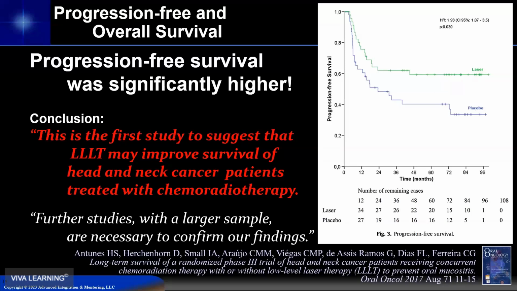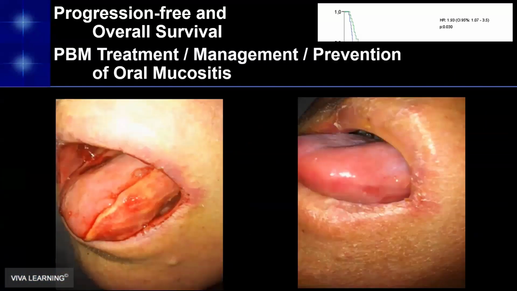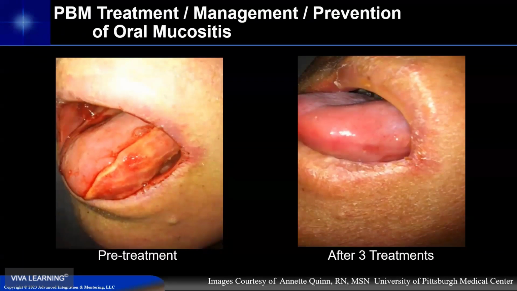And again, why is this occurring in this situation? Well, a study that's being done at the University of Pittsburgh, Annette Quinn in her oral oncology study on oral mucositis, has actually shown that by using photobiomodulation on, again, the wound here of oral mucositis, after 3 treatments, they got the patient back to a stage of being comfortable.